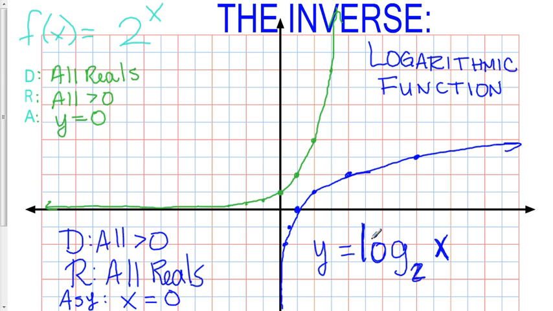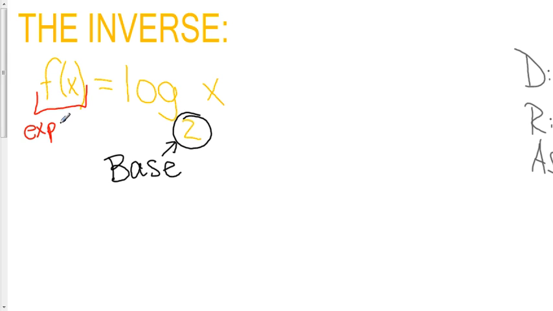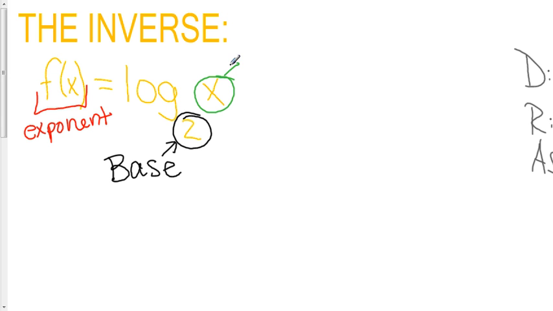Now, looking at that expression, you need to understand that the 2 represents the base of the logarithmic function. So it's log base 2. The exponent, if you're going to rewrite this, f of x or y, is the exponent. And this x is what it equals.